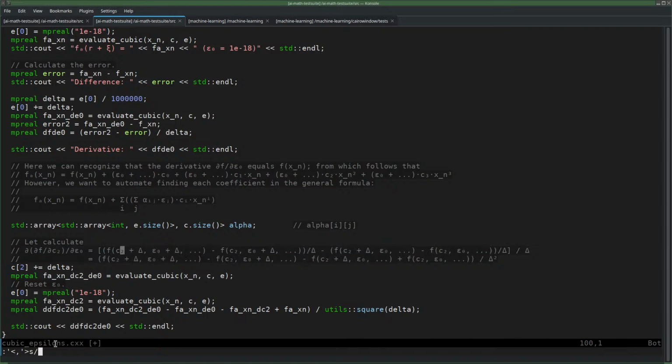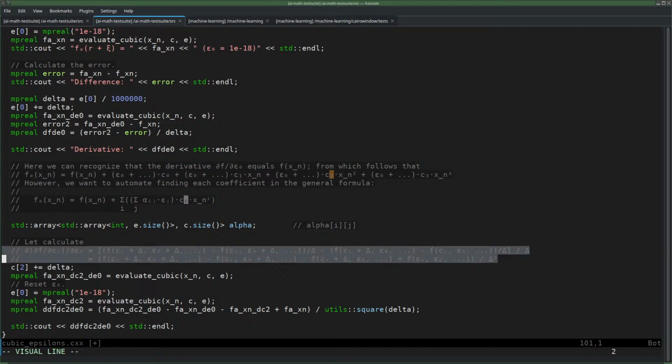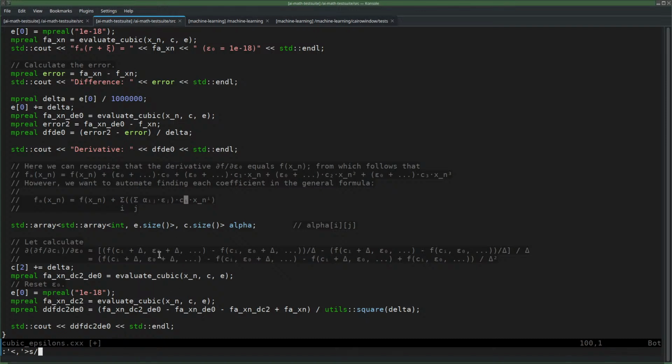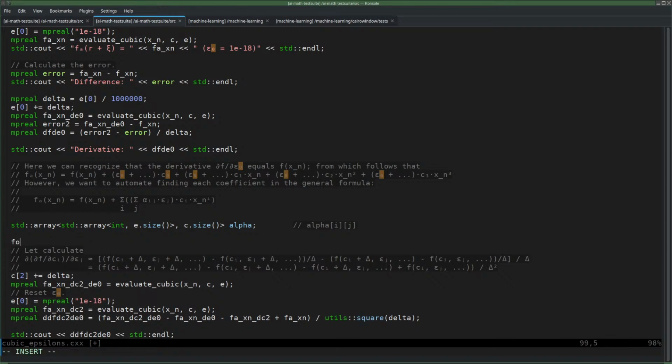Substitute subscript 2 with subscript I everywhere, and then substitute subscript 0 with subscript J. Now we want to fill this whole thing, so we have to run over all I and all J. Order doesn't really matter.